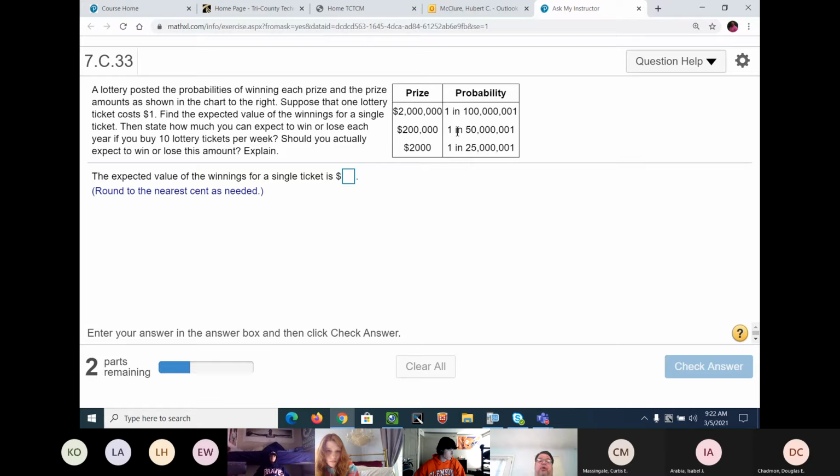All right, so first of all, you got to look at the context. If you spend $1, is that positive or negative since you're looking at your pocketbook? Negative.